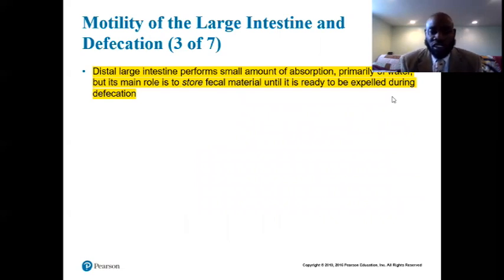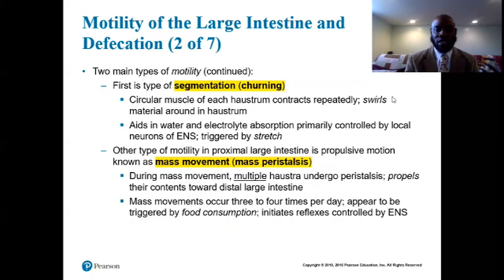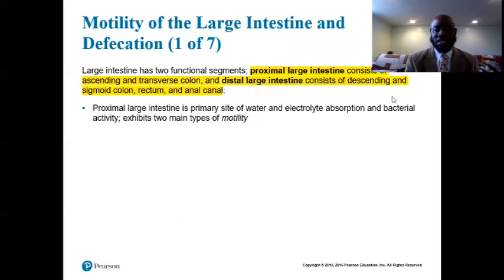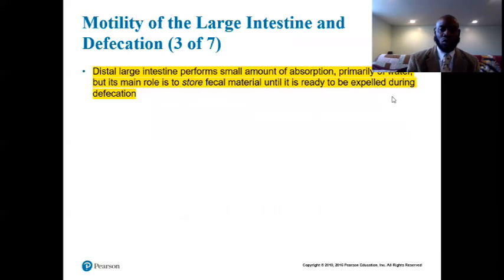The distal large intestine performs a small amount of absorption, primarily of water, but its main role is to store fecal matter, to store feces until we are prepared to have a bowel movement. So it's stored primarily in your distal large intestine. Remember, distal is the descending, the sigmoid colon, the rectum. It's where it's stored, right?